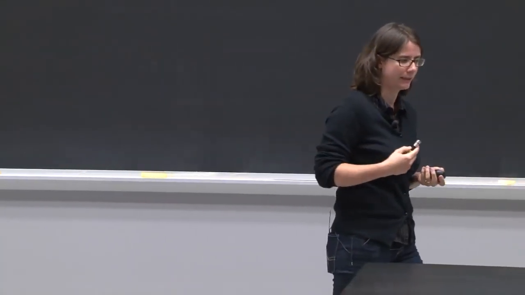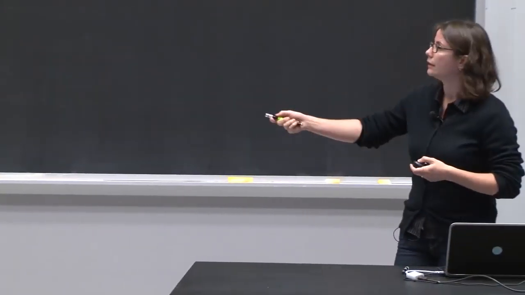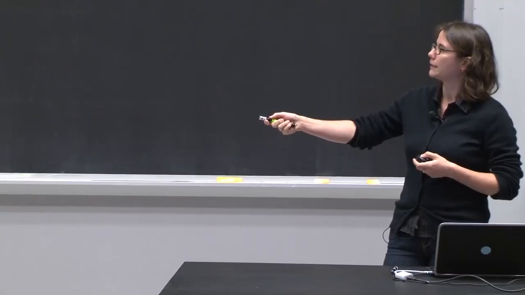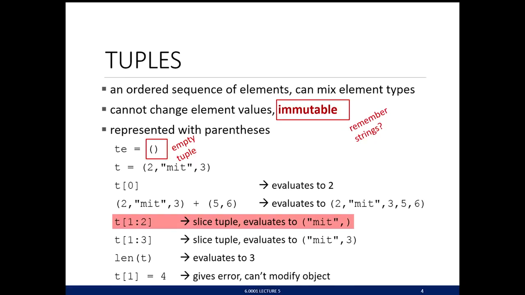Again, much like strings, we can slice into tuples. So t slice from index 1 until index 2. Remember, we go until the stop at -1. So this only gives us one element inside the tuple. And this is not a mistake. This extra comma here actually represents a tuple object.